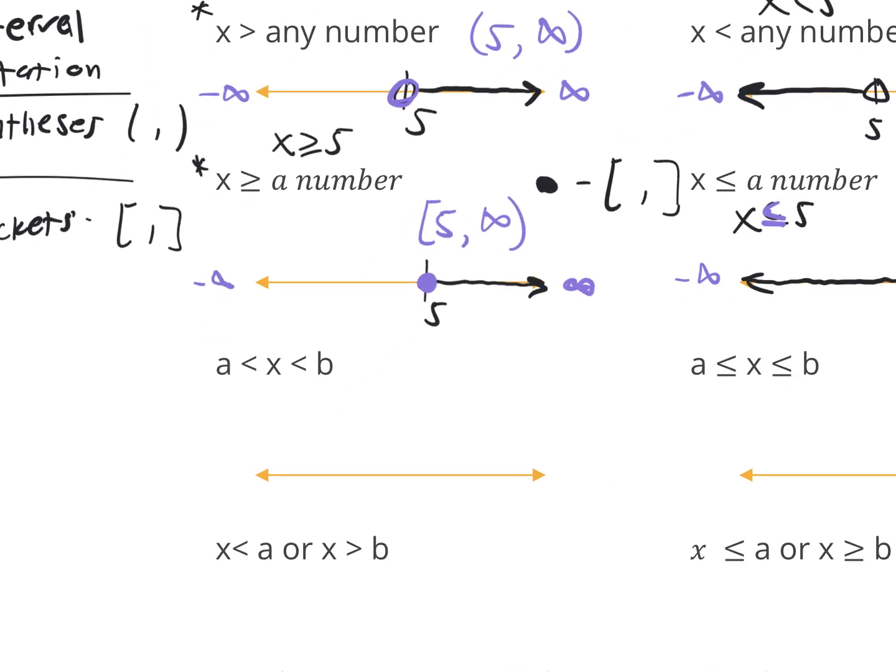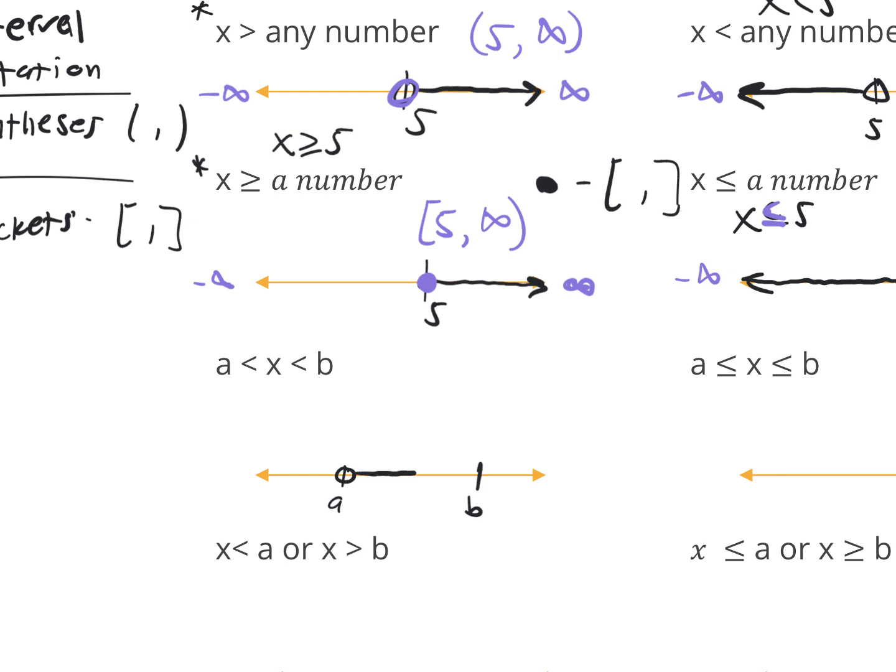And now this one right here, if I have a number a is less than x is less than b. Let's pick a number a right here and a number b right here. If I have a is less than x, that means there's an open circle here because a is not a solution. And if a is less than x, that means x has to be bigger than this a value right here.